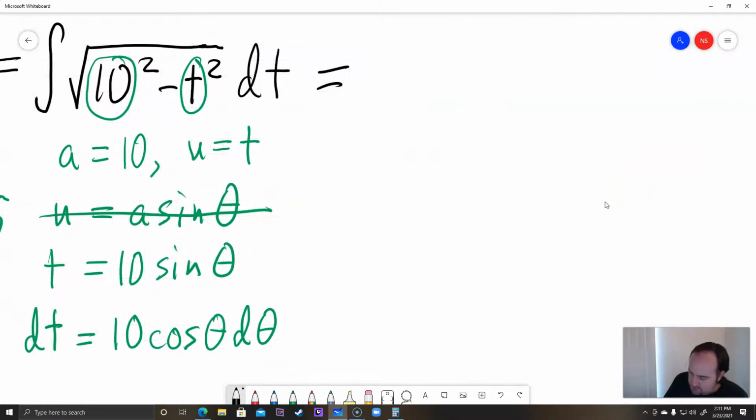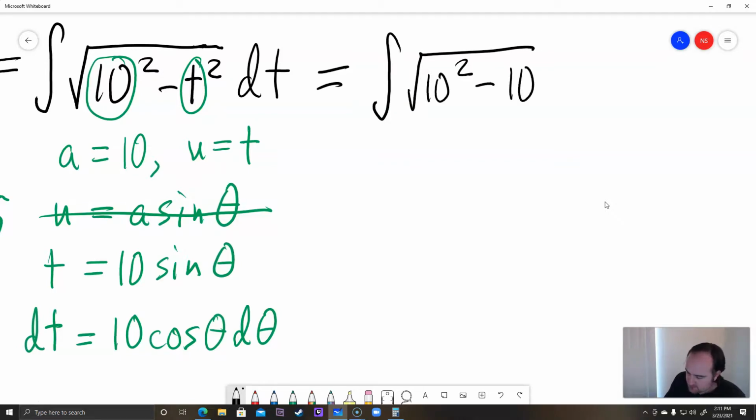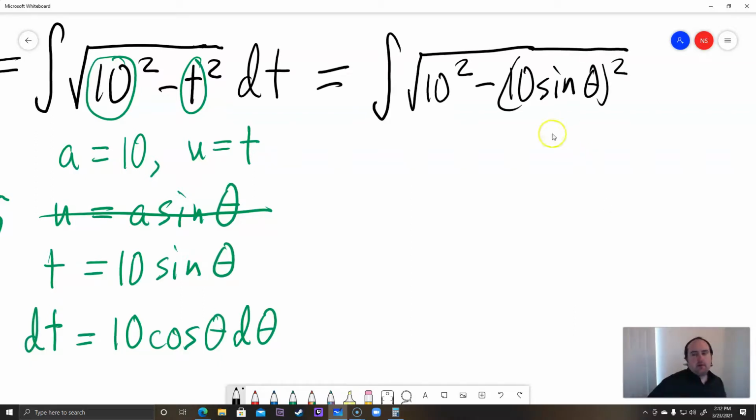Okay, so plugging into the integral, we have the integral of the square root of 10 squared minus 10 sine of theta quantity squared. Okay, and then instead of dt, now we have 10 cosine of theta d theta.